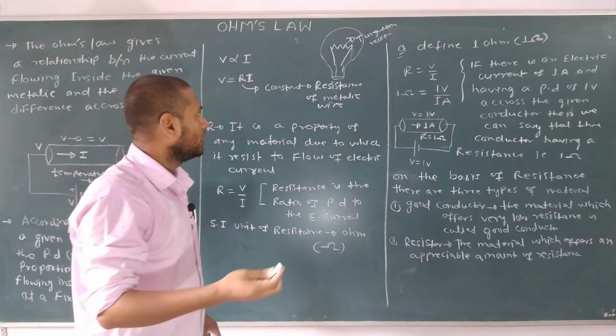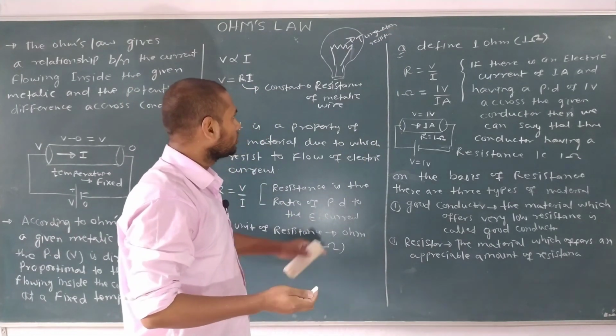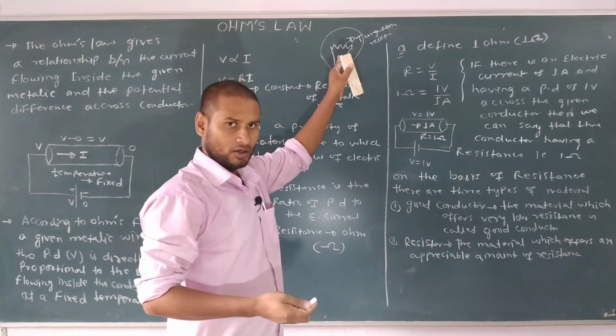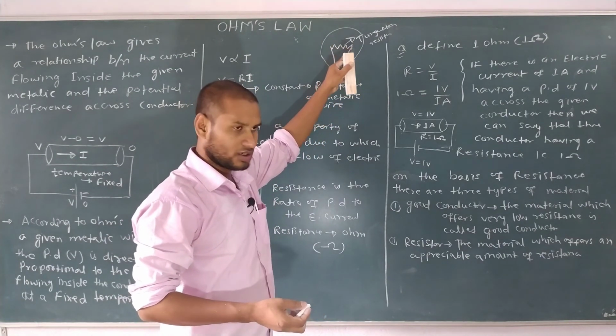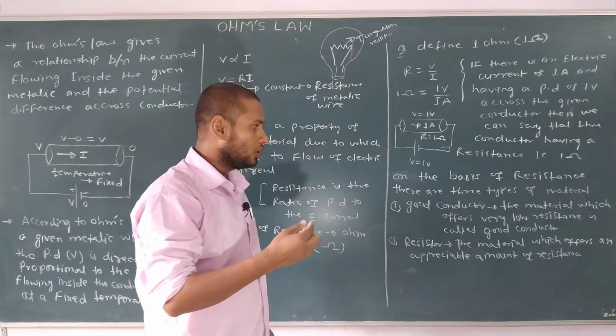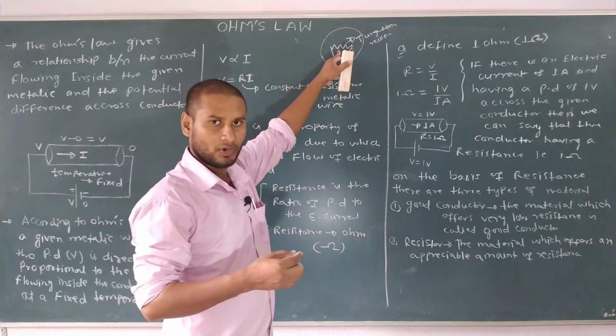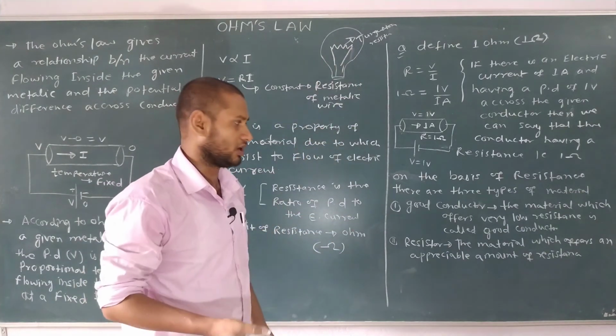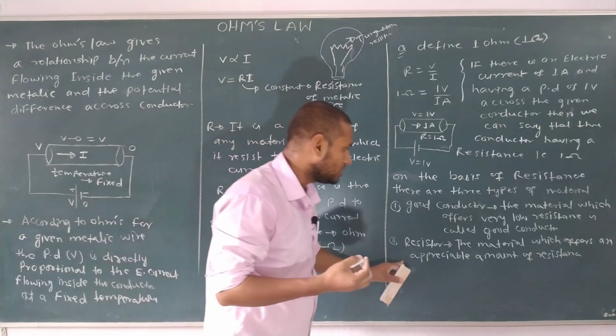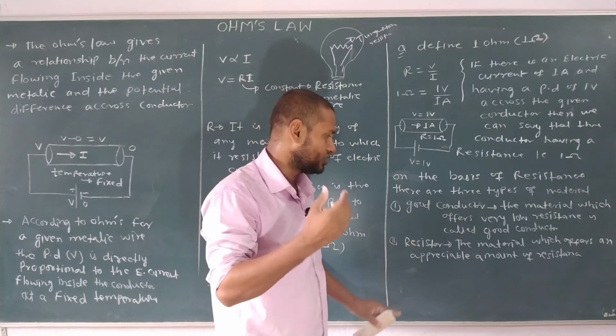Tungsten is an alloy having a higher resistance. When a current flows through it, it glows after heating up due to the heating effect of an electric current. So the resistor is the material which offers an appreciable amount of resistance.